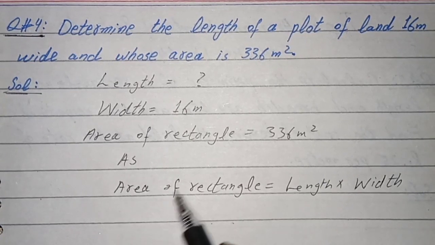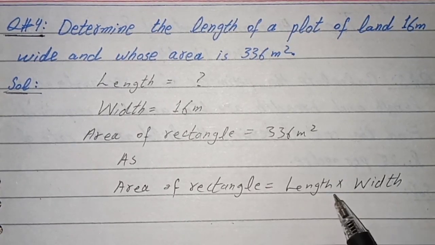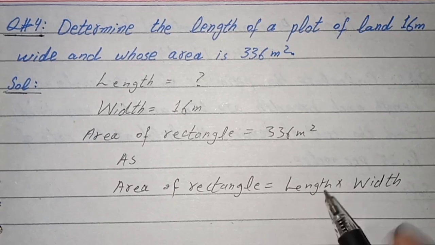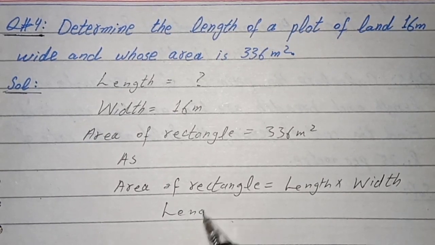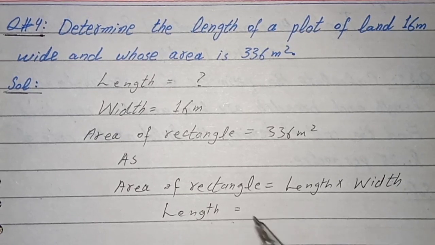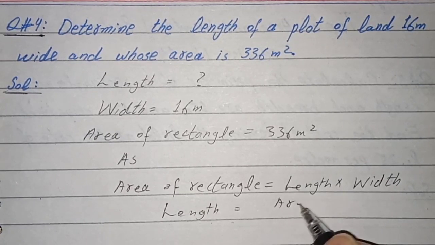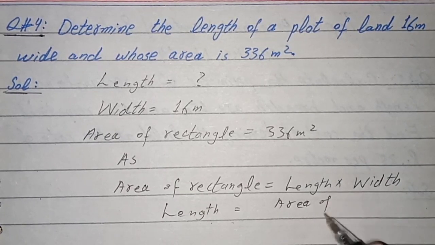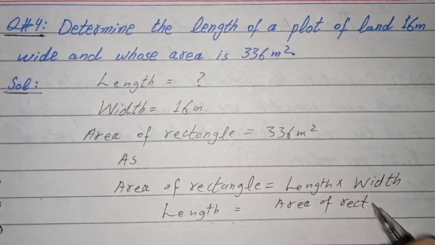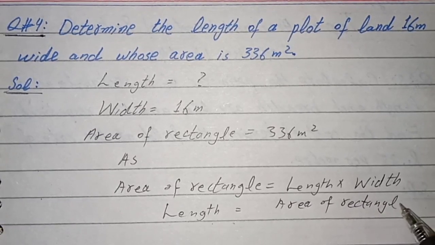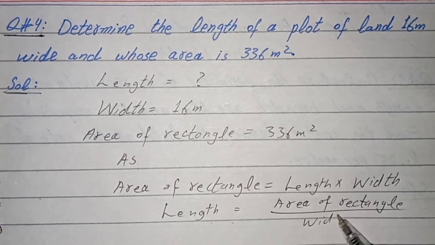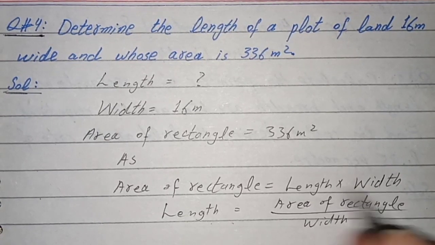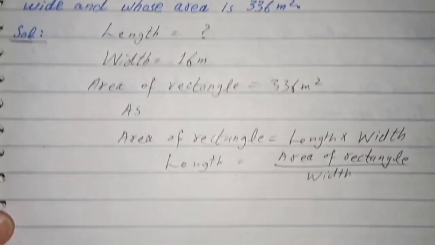So the area is given. To find the length, we can rearrange this formula. After rearranging, the length will be equal to area of rectangle divided by width. This width is multiplying here, so it will be divided on the other side.